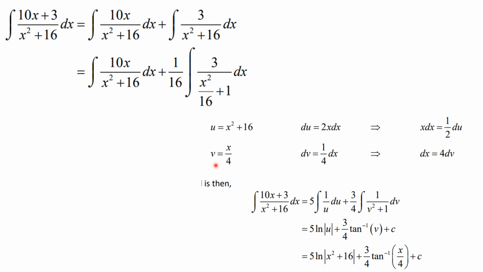The second substitution is going to be v equal to x over 4, and dx is going to be 4 dv. So when we do that, making the substitution, pulling the constants through, we get this. Performing the integrations, we get this, and reversing the substitutions, we get this.